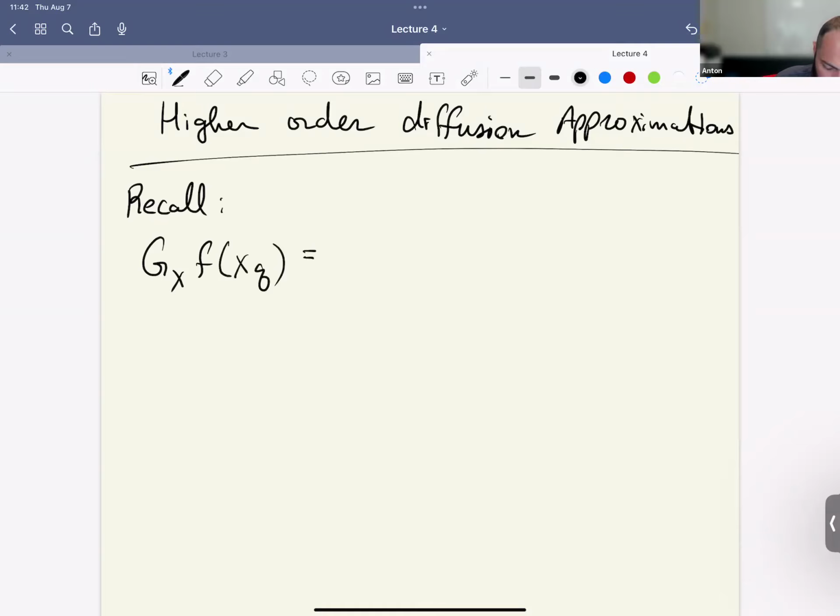So we're still in the infinite server queue model, and I'm going back to the generator.